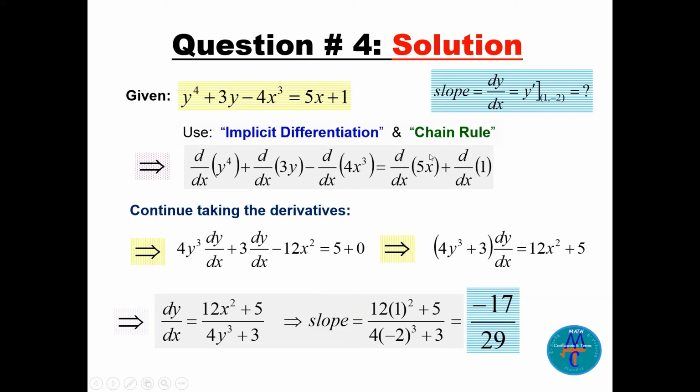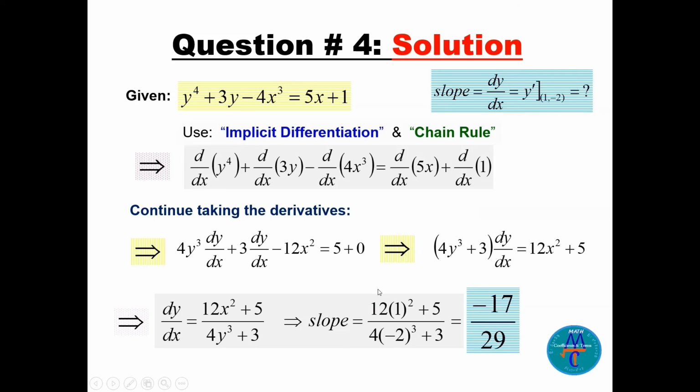The derivative of 5x will be 5, the derivative of the 1 will be 0. Now take a common factor dy over dx and move minus 12x squared to the other side. So it becomes 12x squared plus 5 on the other side. Here with the common factor we have 4y cubed plus 3. Divide by this coefficient, so dy over dx will be 12x squared plus 5 divided by 4y cubed plus 3.